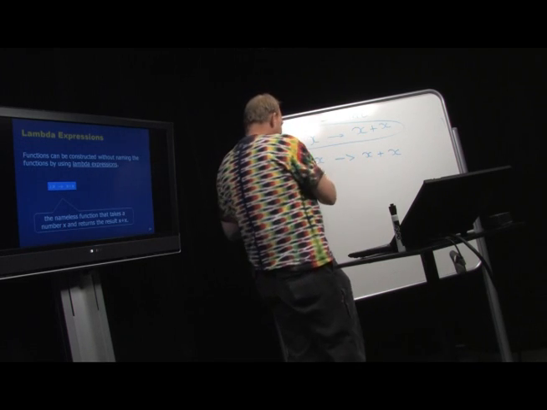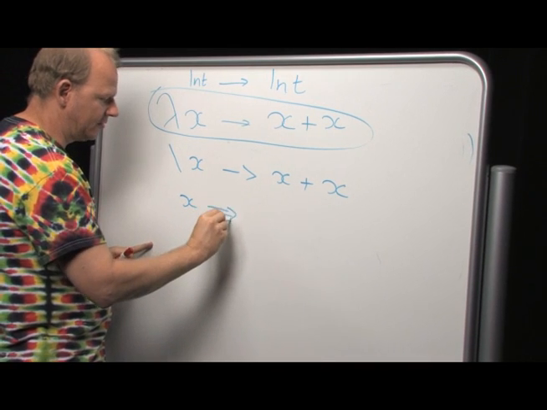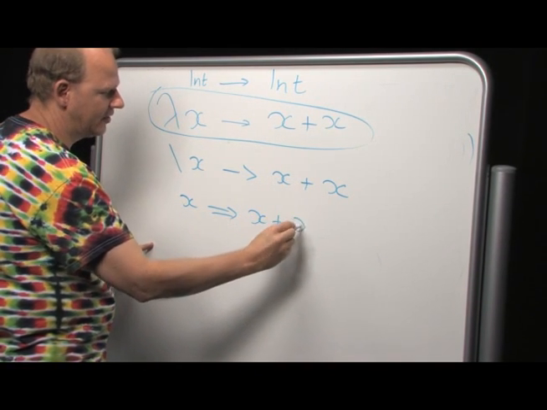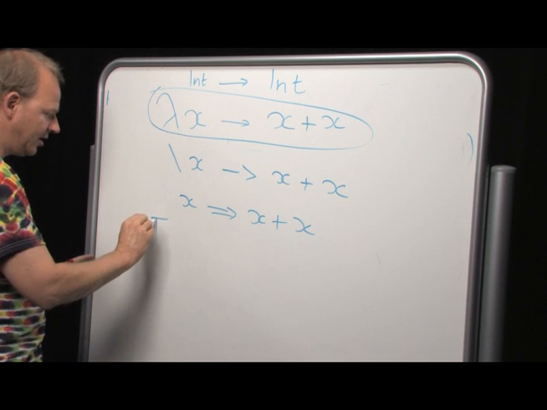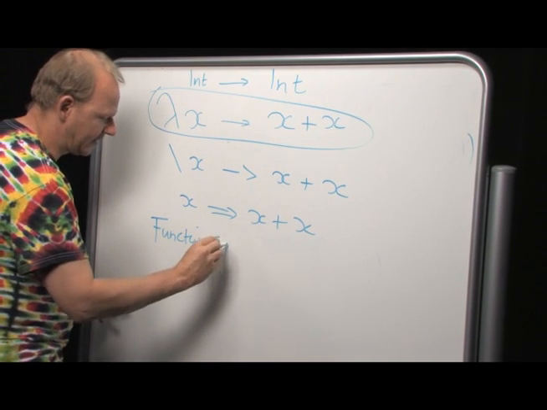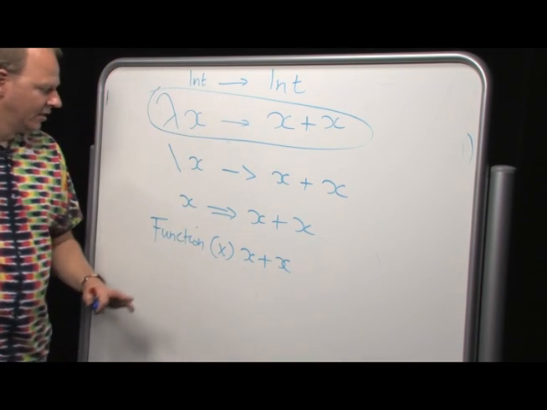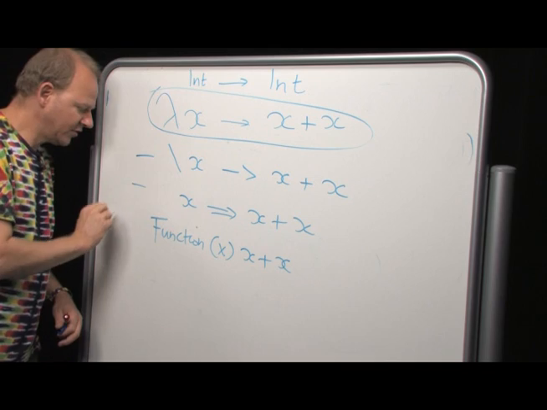So just like in C#, you would write this as x arrow x plus x. And I think in VB, you write function x, and then x plus x. So each of these are just the same thing.